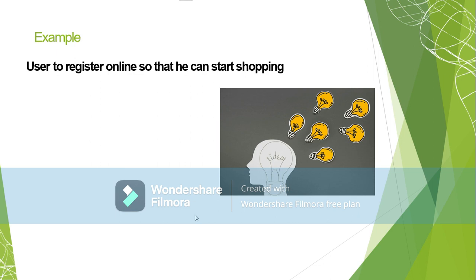Seeing the competition these days, you need to be very efficient so that people get attracted to you. So the acceptance criteria we have are not only for us but for the users, so the criteria should be user friendly.